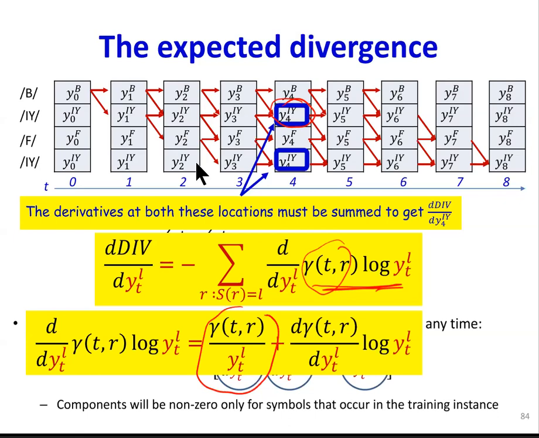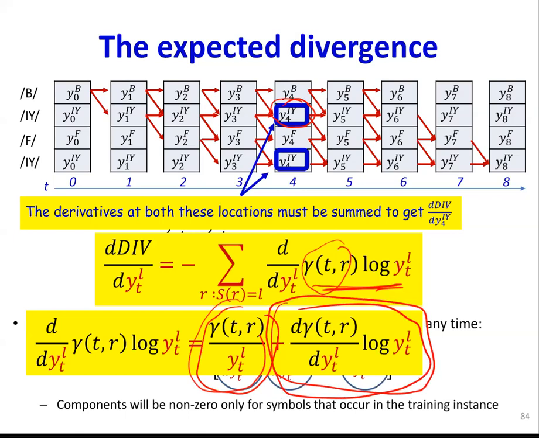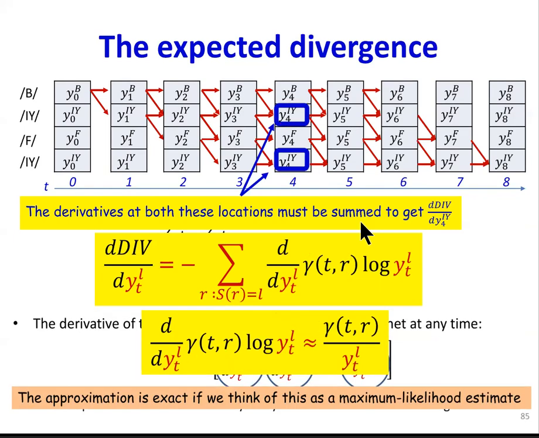So this term is easy. It turns out this term is really ugly to compute because gamma includes everything from the future and everything from the past. So when you get something that's really ugly to compute, what do you do? Drop it. You come up with some vague mathematical explanation which says it's not necessary and throw it away.